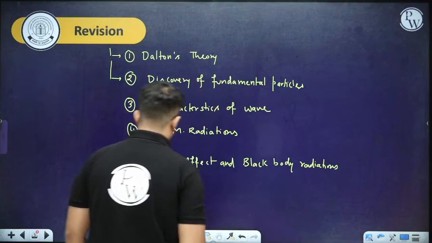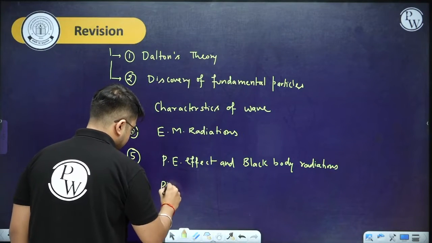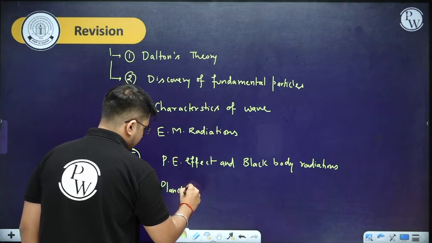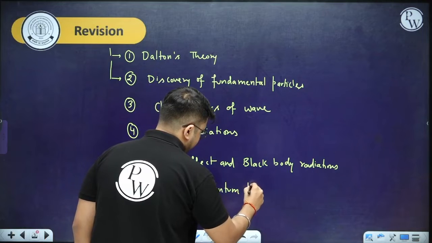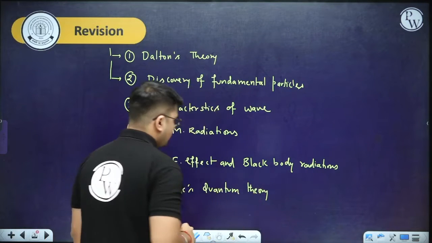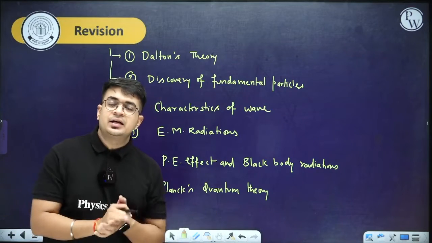And the last part was Planck's quantum theory. I hope up to that part everything is clear to everyone. This was the basic discussion, whatever we have discussed till now.